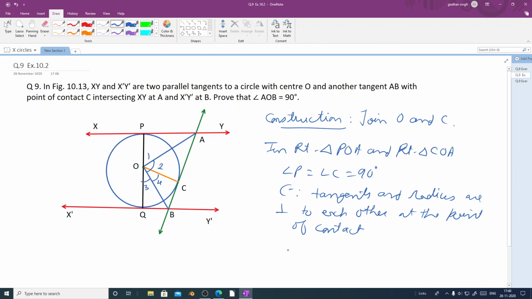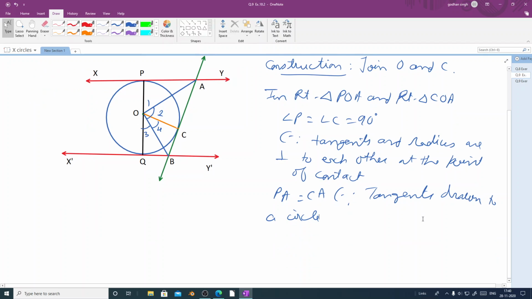Now next, also we have PA equal to CA. Why is PA equal to CA? Because tangents drawn to a circle from an external point are always equal.